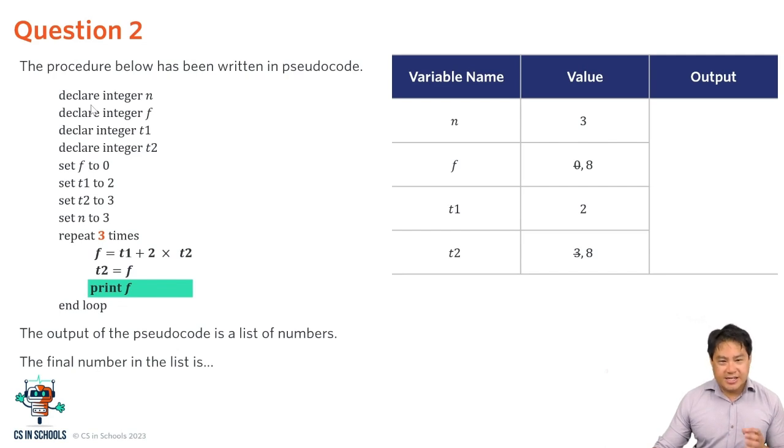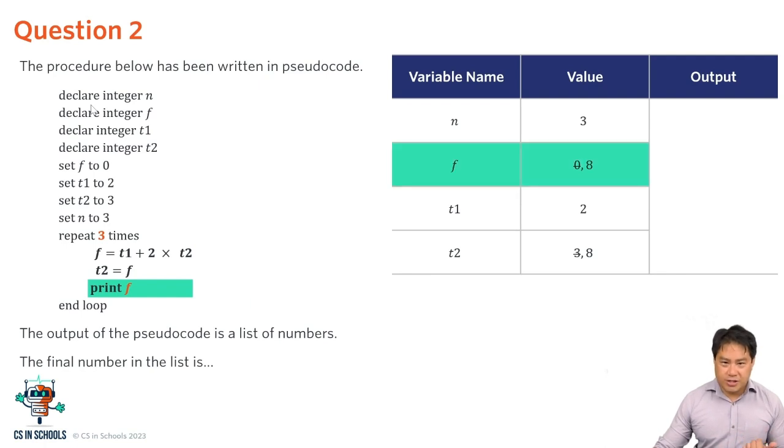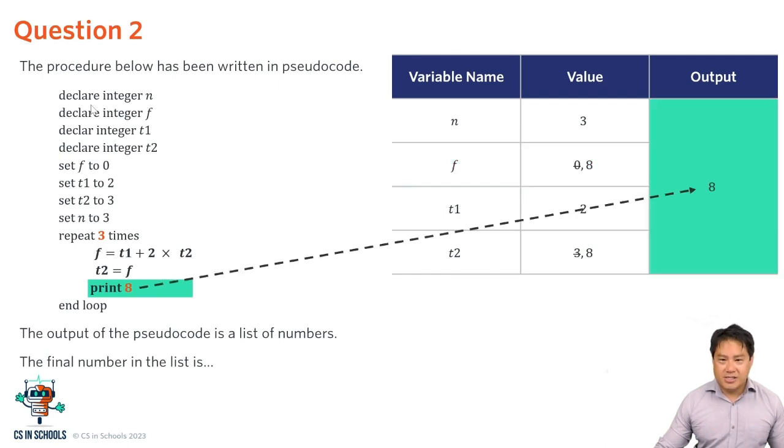And what print does is it evaluates that expression, so it works out the final value, and then it displays it onto the output. So in this case, the expression is just a simple variable, f. So whenever we find a variable in an expression, we take its latest value, we substitute it in. So that's basically saying print 8. So what happens is 8 gets displayed on the screen.